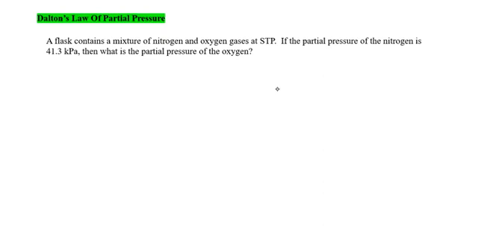So two quickie problems here. A flask has a mixture of nitrogen and oxygen gases. If you know one partial pressure, what's the other one? We're at STP, and I did this on purpose. That's code for total pressure. If it's at that total atmospheric pressure, that would be your total pressure. So if you're in lab, again, collecting gases or something like that, your atmospheric pressure is usually the total, and then you have the two gases that you collected.